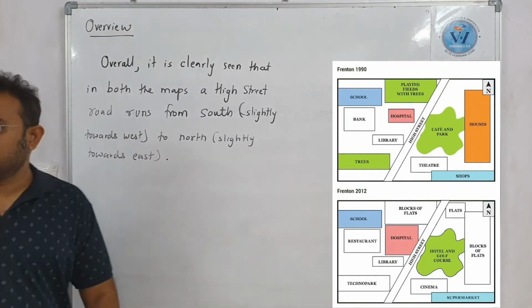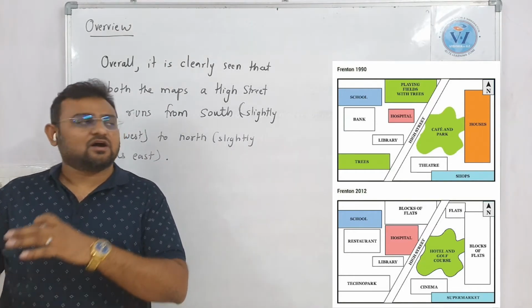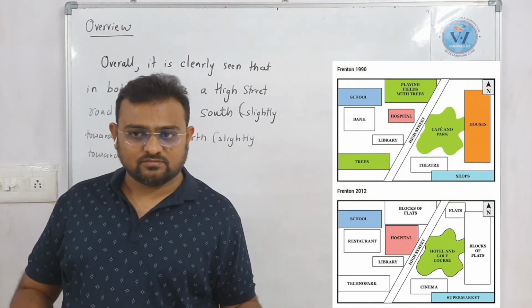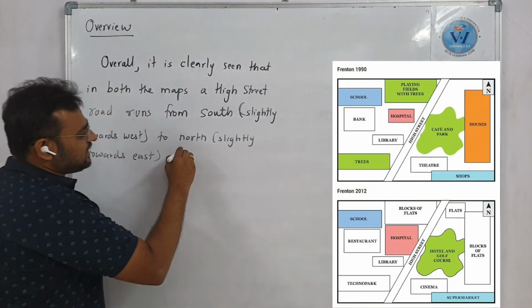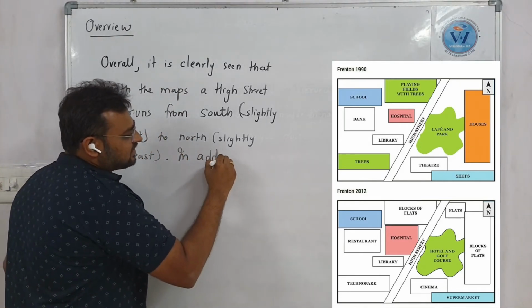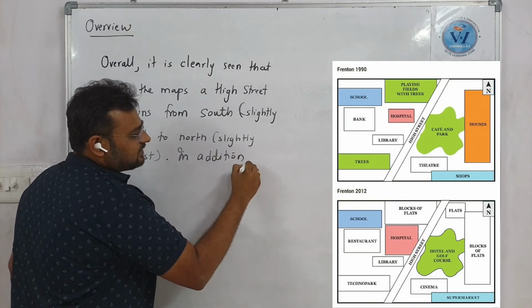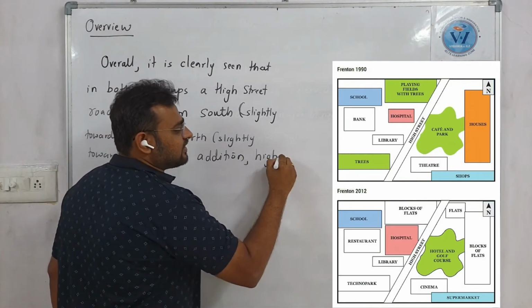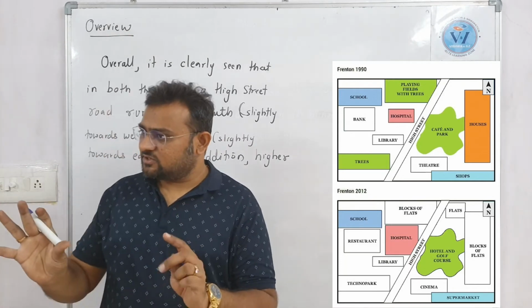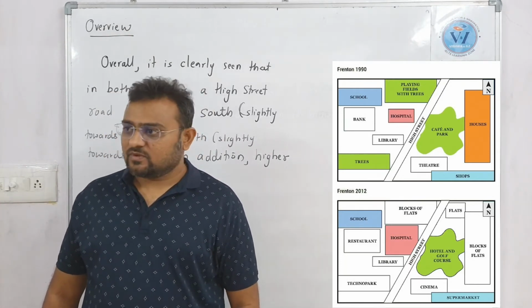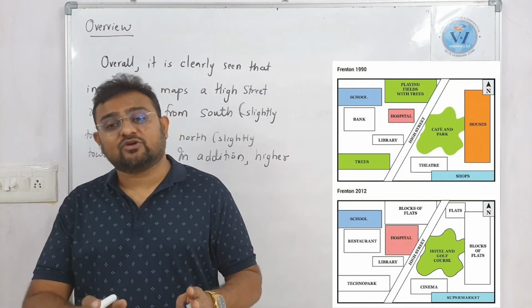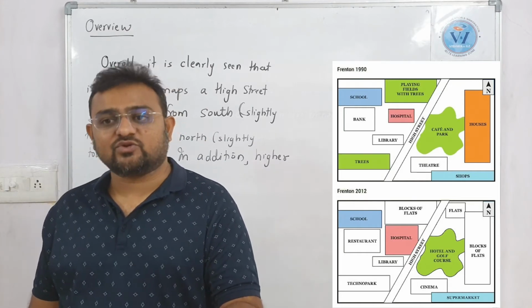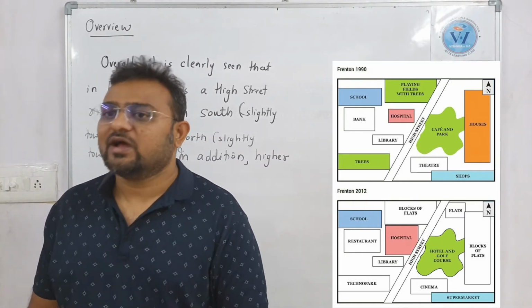So this is what you can write down. If you want to write, then you can write that, or else in another way you can write down: a High Street Road divides the map into two regions. That can also be written if you wish. Now in addition, I am giving one more piece of additional information. In addition, I will use higher. When you are comparing two things, use the comparative degree. Suppose among 4-5 things one is the most, then you can use the word highest. But when one is more among two things, you cannot use the word highest, you have to use the word higher.